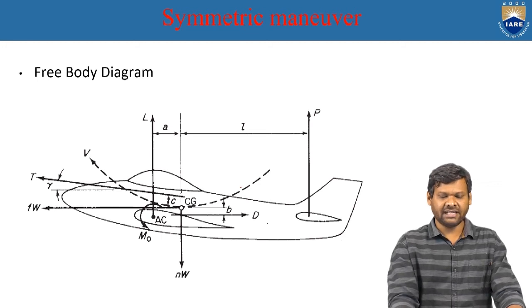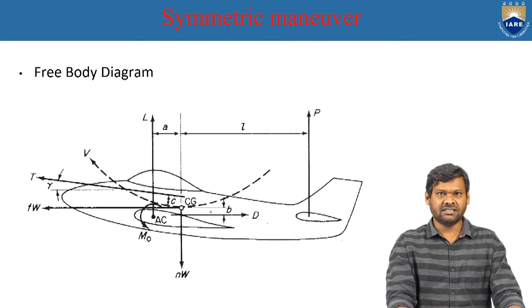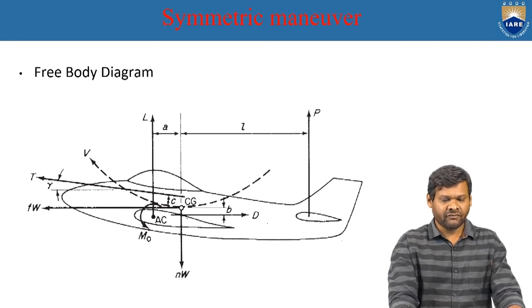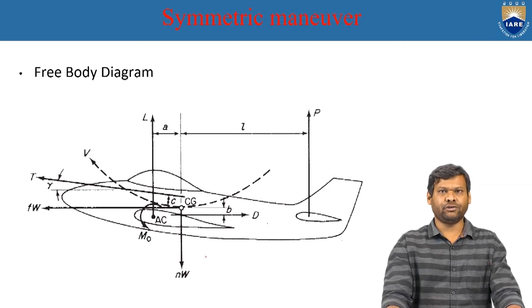And moreover, let us identify the forces which are acting on an airplane which is in maneuvering flight, that is the pull up. And we have a weight which is N times W. N is the load factor.